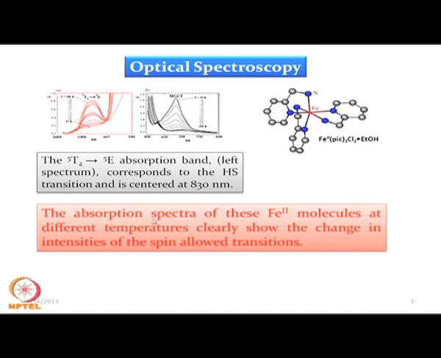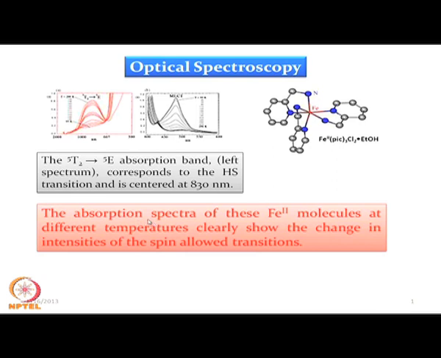So, for this compound as well as some other compounds, the absorption spectra, what we call the electronic spectra, of these iron(II) molecules at different temperatures clearly show the change in intensities of the spin allowed transitions. So, if we have the spin allowed transitions, the intensities are also changing with the change in temperature.